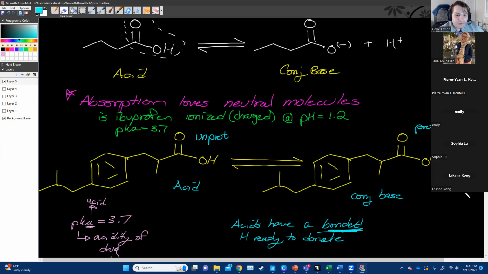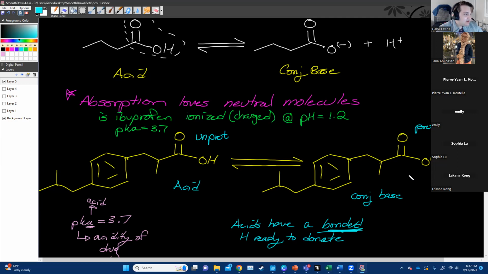So here's my question for you. Is this number 3.7, the acid constant, describing the unprotonated structure or the protonated structure?